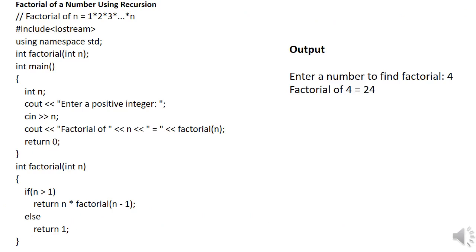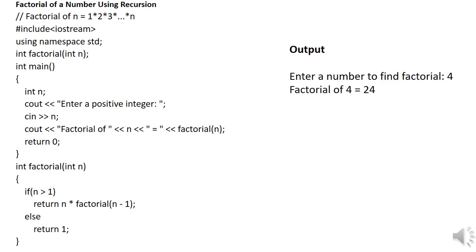This is an example of how to find the factorial of a number using recursion. To find the factorial of a number, I have declared a function factorial before the main function. Then inside the main function, I accept an input number from the user, and that number is assigned to variable n. Then I call the function factorial by passing the value of n. Then the control goes to the function definition.